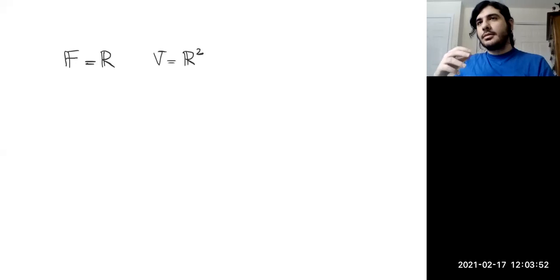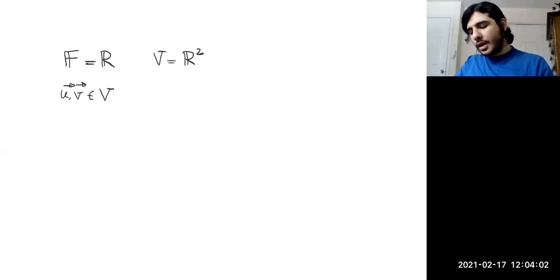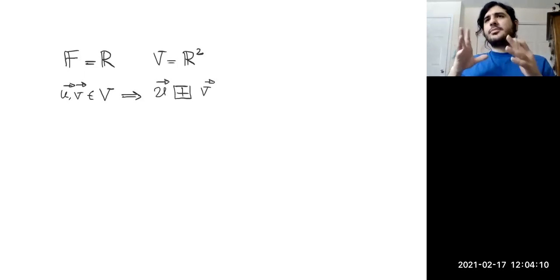Again, it comes with a different definition. So for any U and V, two vectors inside this vector space, I would define U plus V. Again, let's put it in square. I just mean it's not the usual addition as we know it.